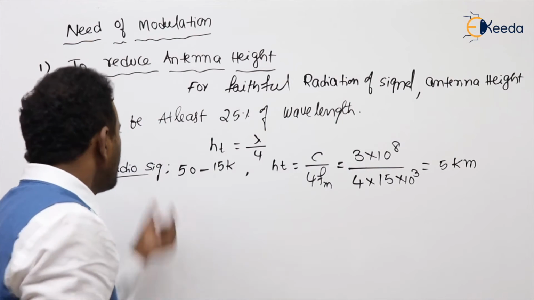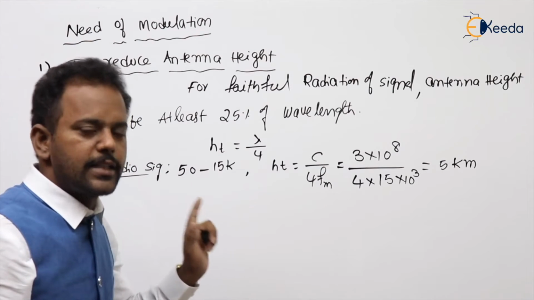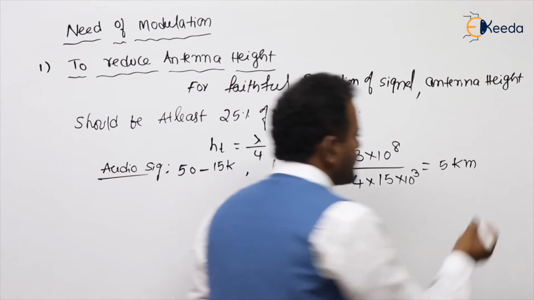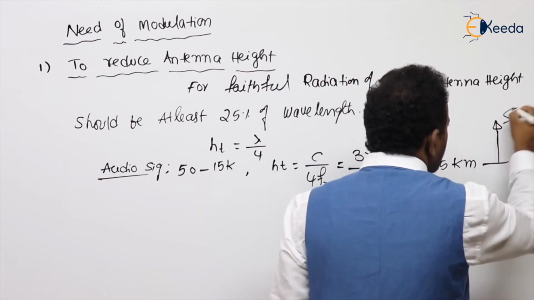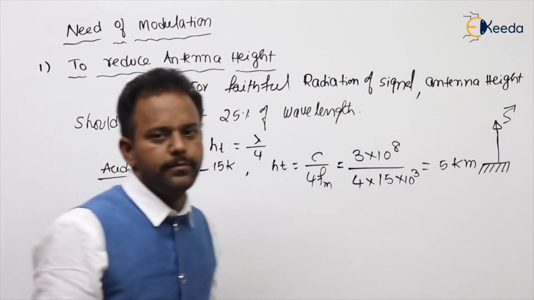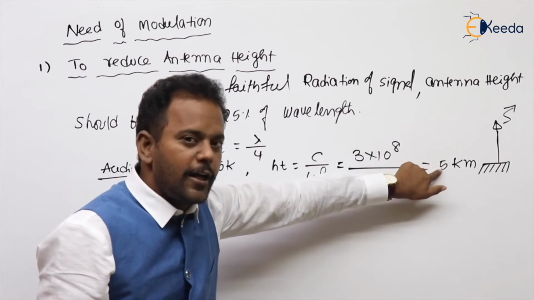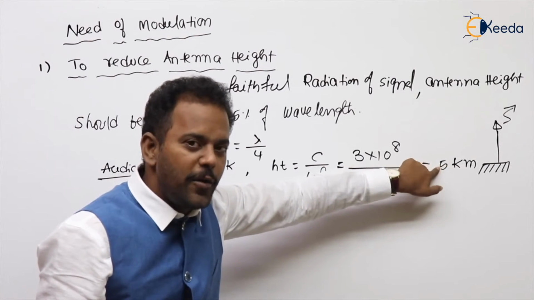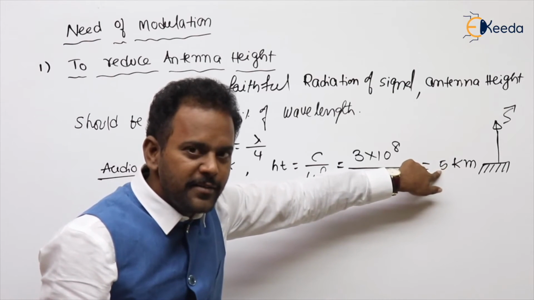Means if we want to radiate the audio signal directly at the stations, we need to construct an antenna of height 5 kilometers vertically on the ground. Is it possible to construct an antenna of height 5 kilometers vertically on the ground? And is maintenance possible?